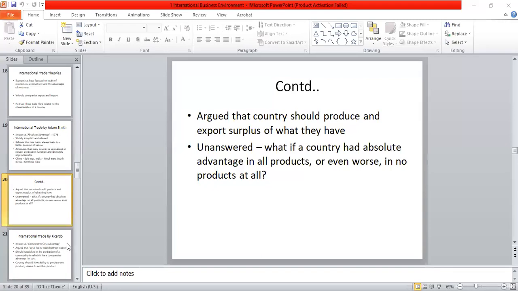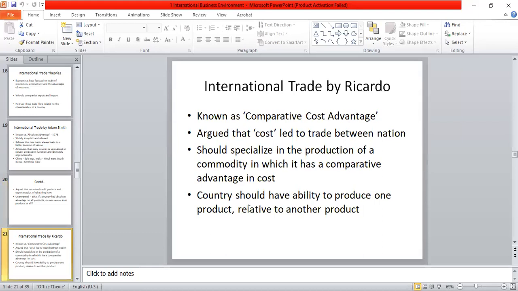Then we'll go to the next theory and we'll revise this. This is the international trade theory by Ricardo. Ricardo is focusing on comparative cost advantage. And what is comparative cost advantage?